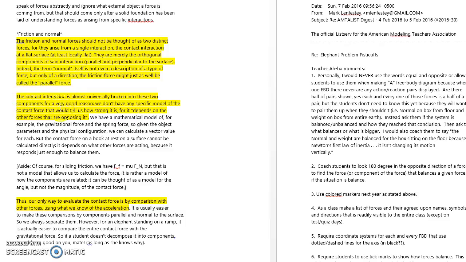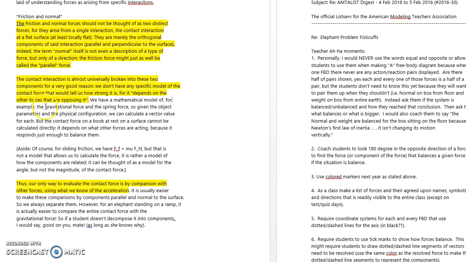But there is a very good reason why we break this force up into two components, in that we do not have a specific model for this contact interaction force. The only way we can work it out is by breaking it up into components and working with the forces that we do have models for, which is the gravitational force and the spring force. So I thought that was a really insightful comment.